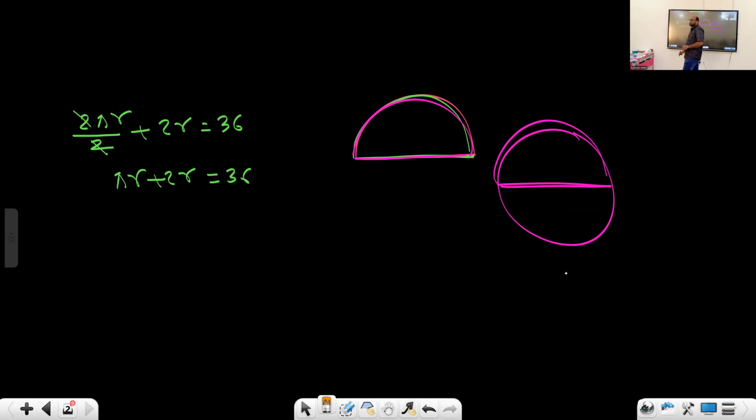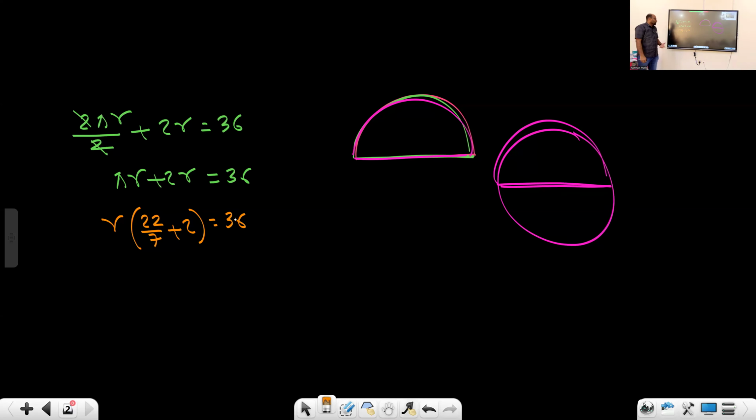Pi r plus 2r equal to 36. What is common? r is common. r I took outside. r into 22 by 7 plus 2 equal to 36. Take LCM.